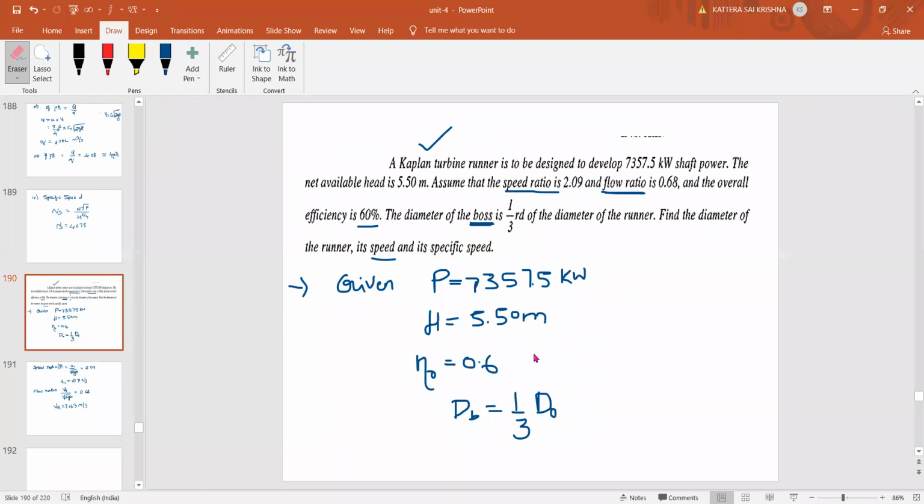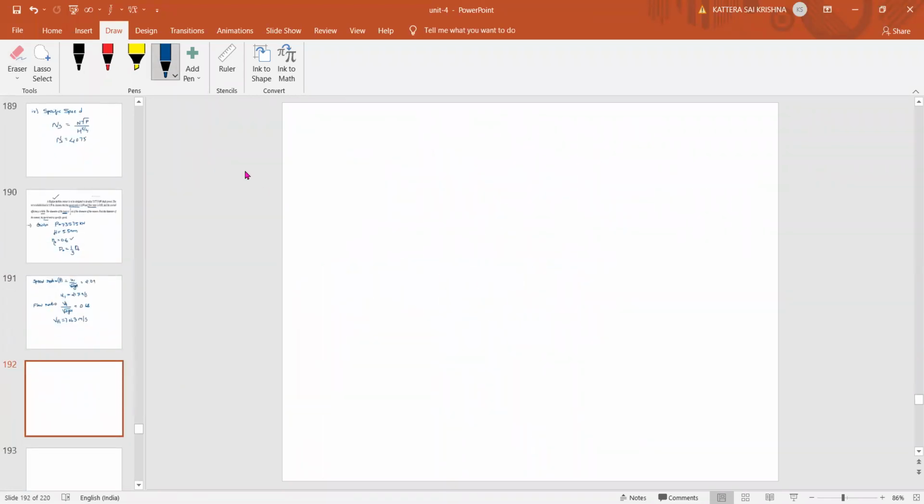He has given the efficiency, so we can use this efficiency for finding the discharge first. Overall efficiency equals P by water power, which is nothing but P by rho g Q H by 1000.